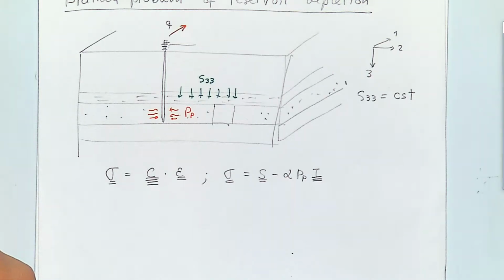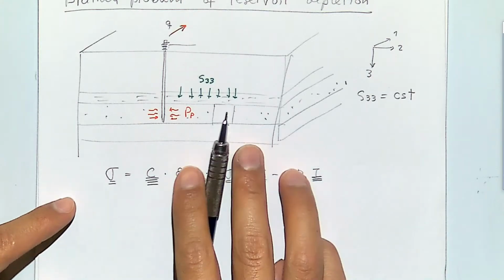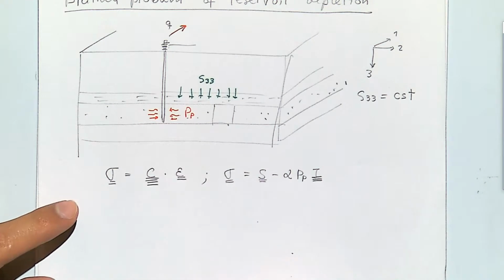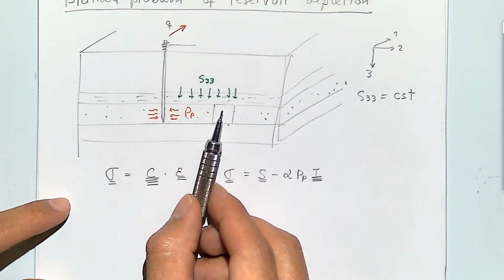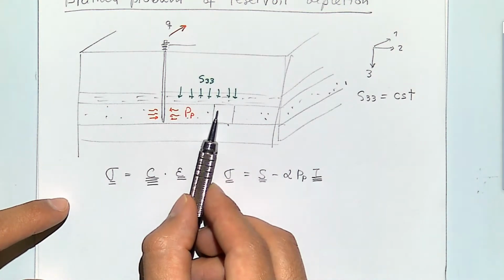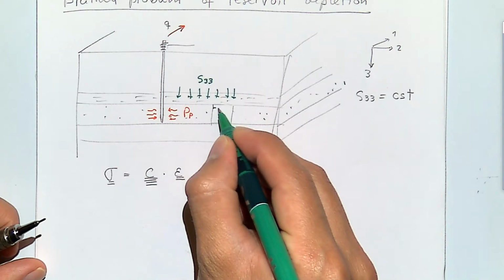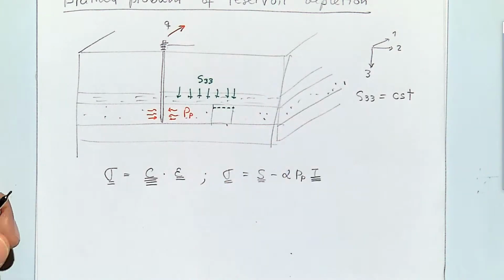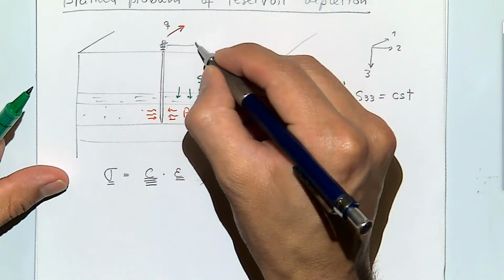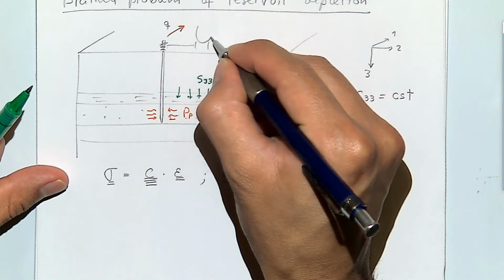Okay. What about now the strains? If the overburden is constant and you lower the pore pressure, you would expect this rock to deform and to compact in the vertical direction, right? What about in the horizontal direction? Do you think that the rock will compact? Why would rock compact?